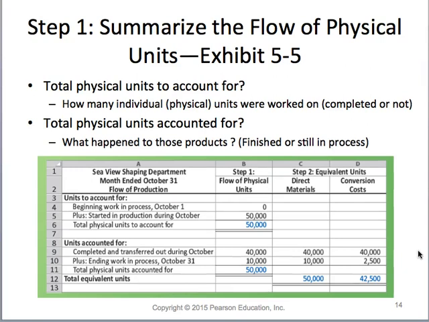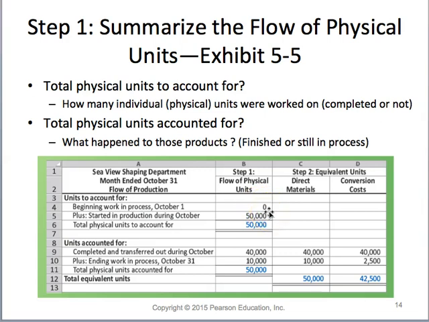So here's the example. This is a book example, exhibit 5-5. Summarize the flow of physical units. It's pretty easy. So total physical units to account for, it's this one. It's a beginning work in process in October. On October the 1st, it's 0.